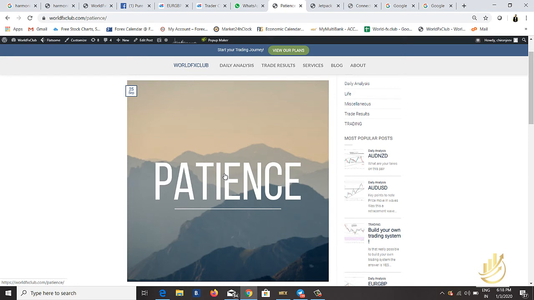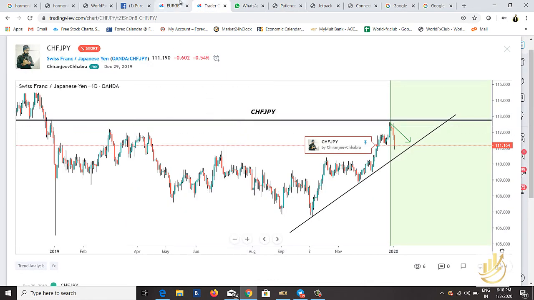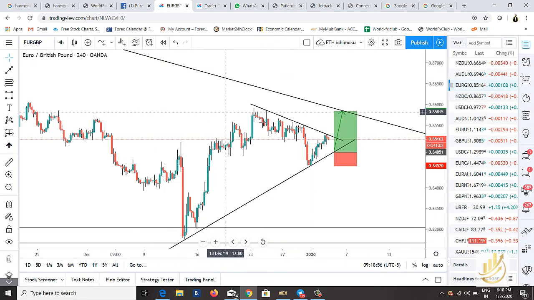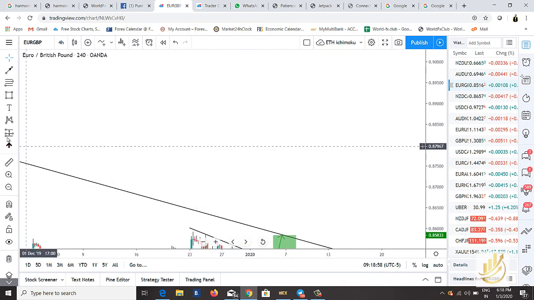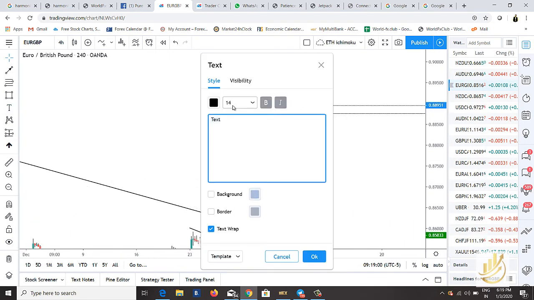So that is it. I'll just repeat it once again. How do you analyze it? I will write the points again. First, always analyze a longer time frame chart. Second, draw support and resistance.